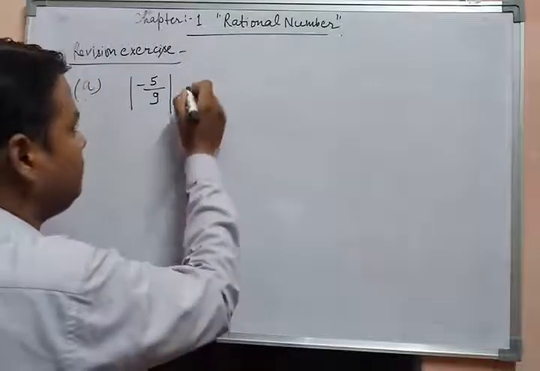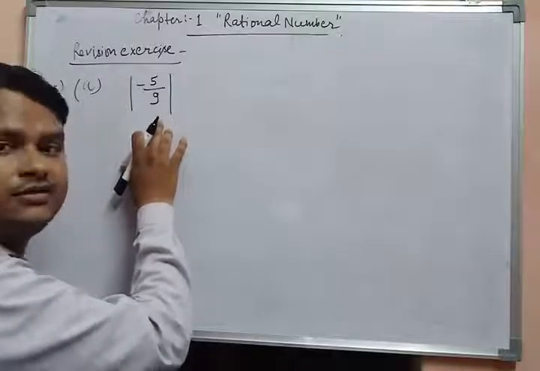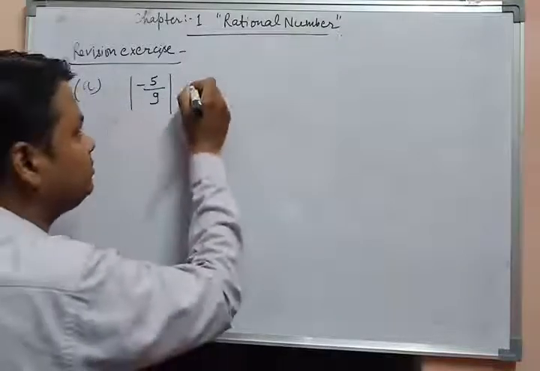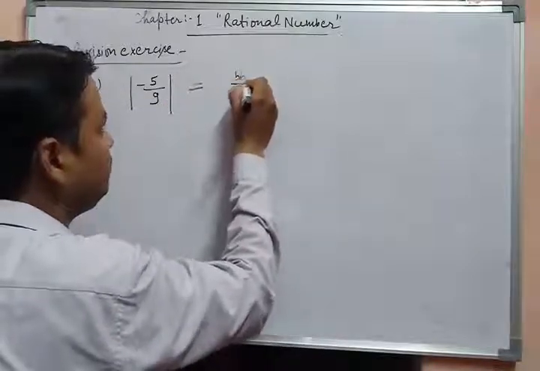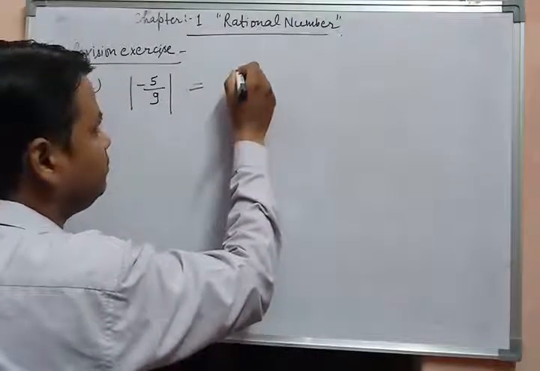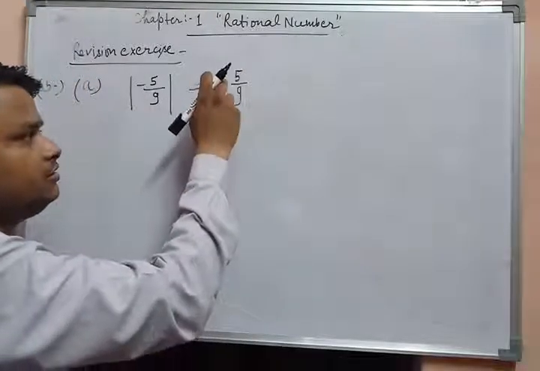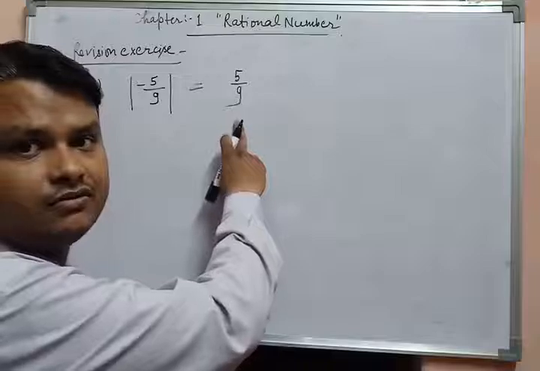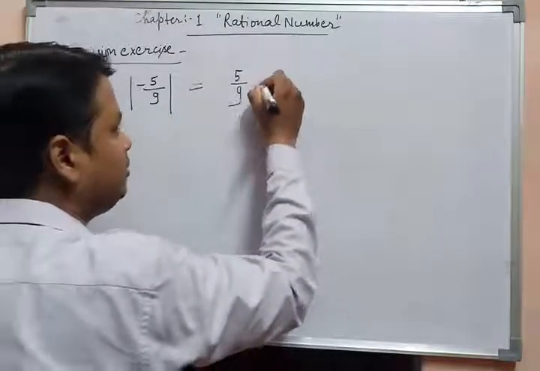So first of all we have to write the numeral value of this rational number, which is 5/9 without any sign. It means in this rational number there is no sign. Okay, this is the answer.